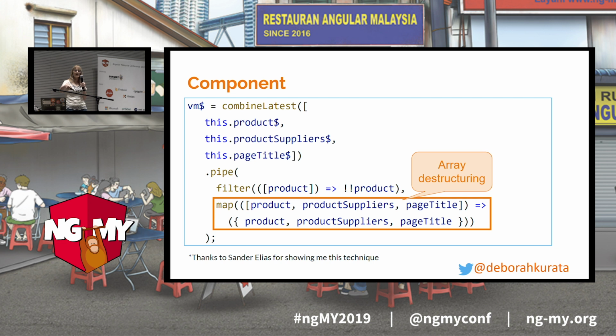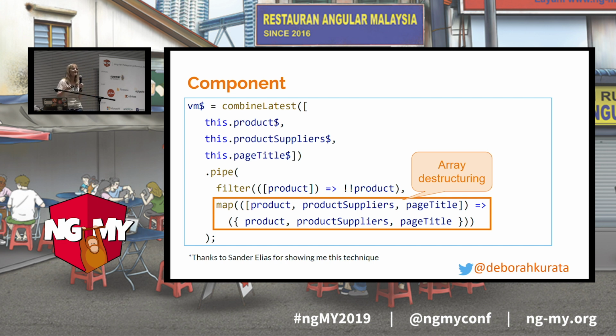So I've got the product emitted from the product observable, the product suppliers emitted from the product suppliers observable, and our page title string emitted from the page title$ observable. And we're just mapping those array elements into an object. That syntax looks a little odd, but by mapping it to an object, we can use the dot syntax in our template.